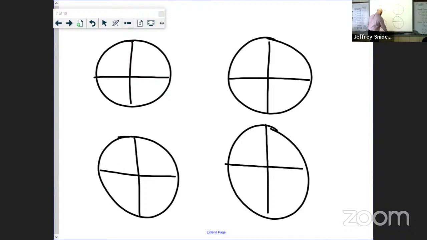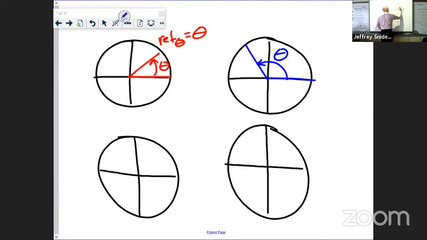If my angle is in quadrant 1, here's theta. The reference angle of theta is just the same thing. If I'm in quadrant 2, and this is theta, this is the reference angle.